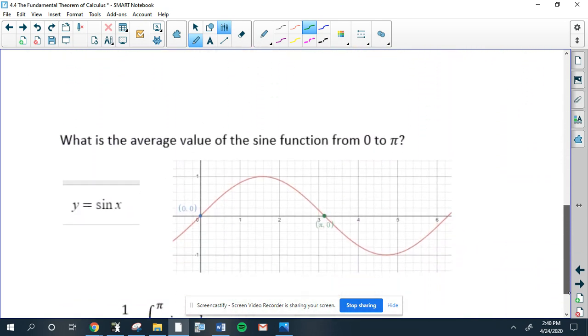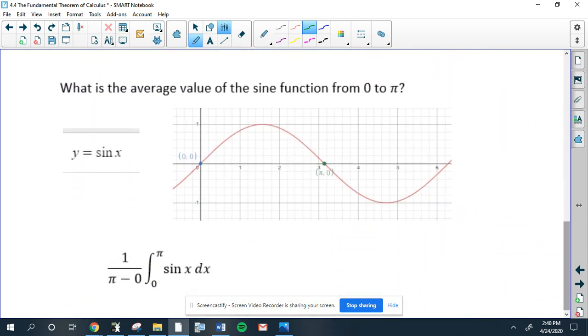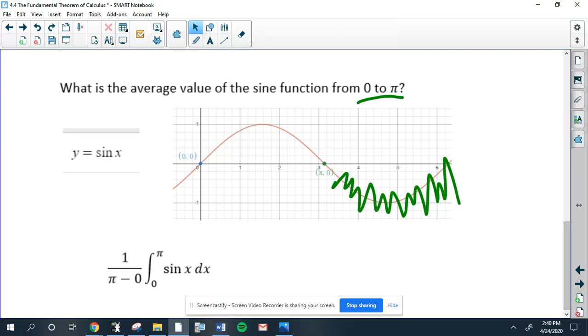Driving home the point now, what if I try to figure out the average value of the sine function from 0 to pi? This is going to be quicker because we're going to do it with the calculator. So stick with me here, please.